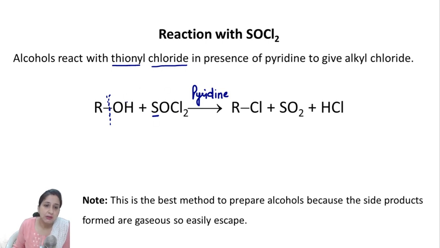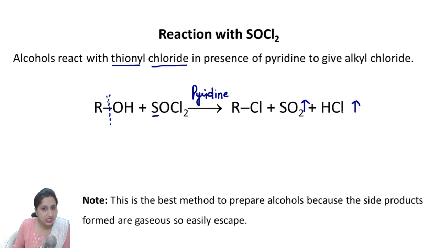will take its place. So again RCl means any haloalkanes plus SO2, and your H and 1 Cl from here, they will be released. So in this case HCl as well as sulfur dioxide, your sulfur dioxide and hydrogen chloride gas.